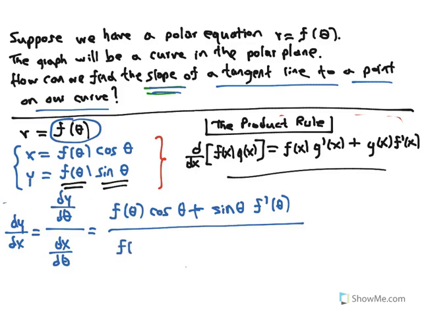The first function would be f of theta times the derivative of the second. The derivative of cosine is negative sine, plus the second function, cosine, multiplied by the derivative of the first.